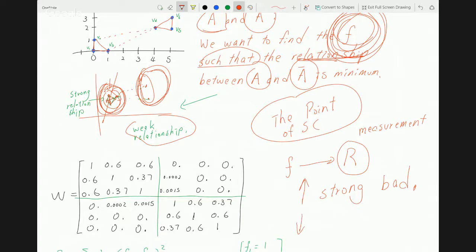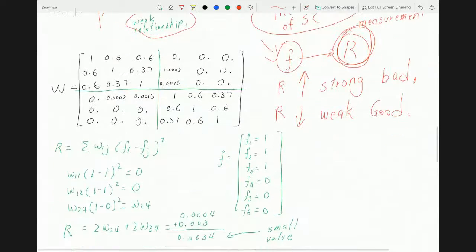If this R is a small value, the relationship is weak between two clusters, which means the clustering is good. So if we can somehow get this value from a solution, then we can evaluate whether our solution is good or bad. The way to do that in spectral clustering is this equation.